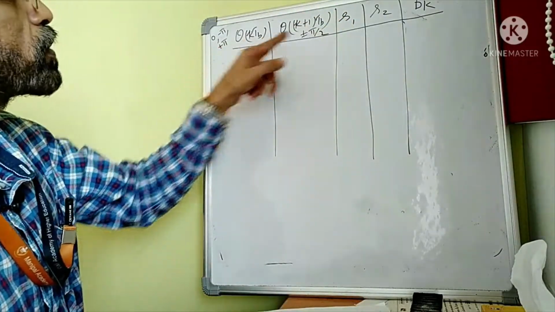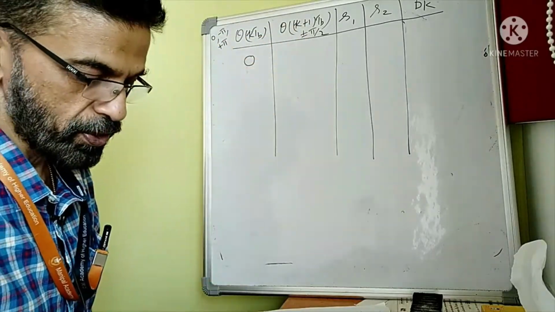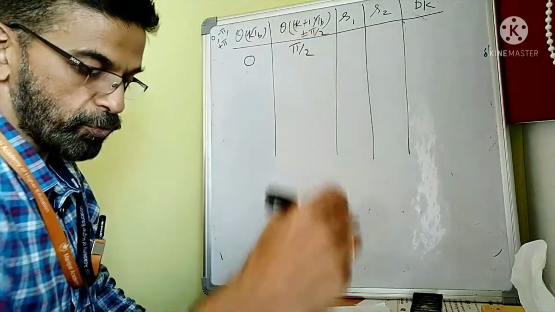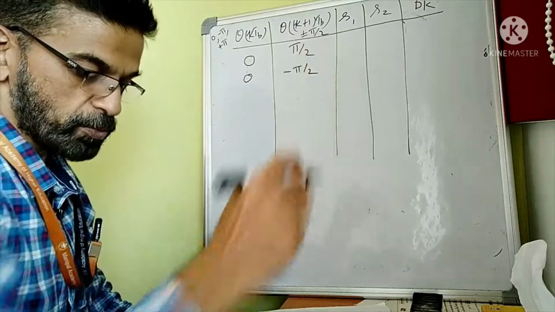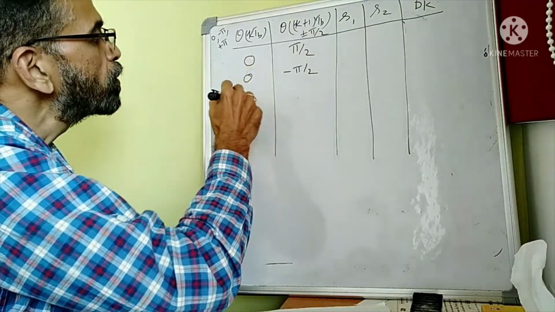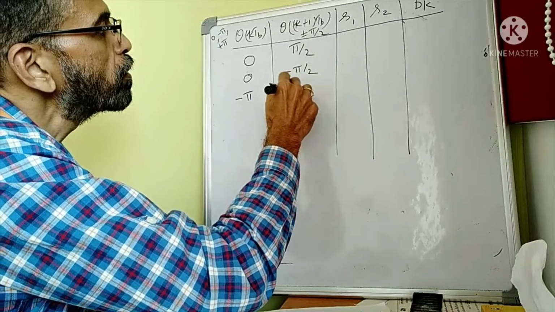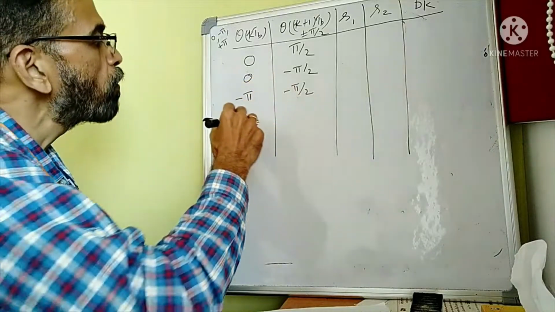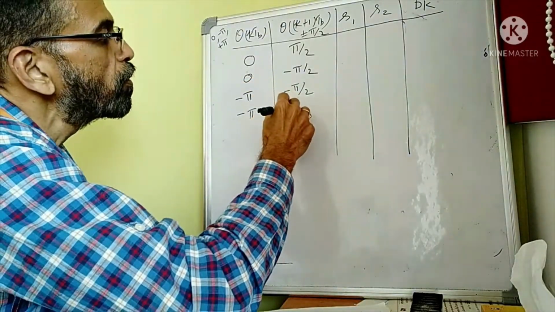So this is only for our quick reference. So let me list down the possibilities here. 0, pi by 2, 0, minus pi by 2, minus pi, minus pi by 2, minus pi, pi by 2.